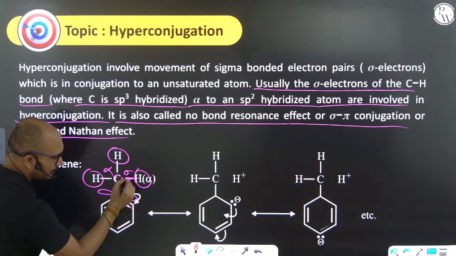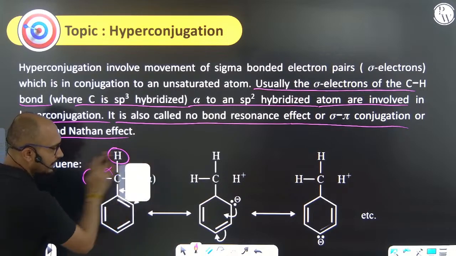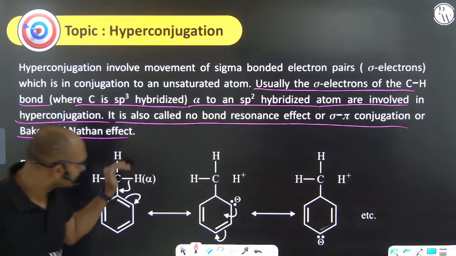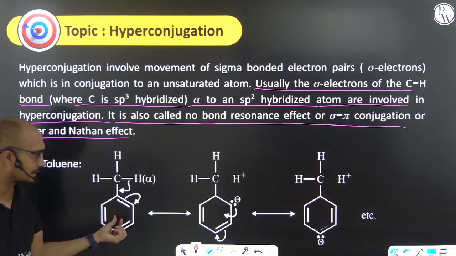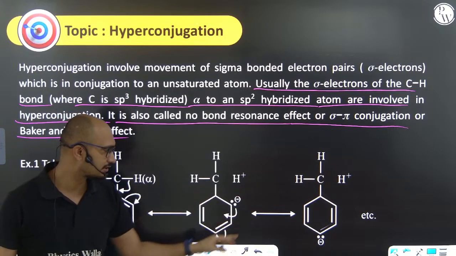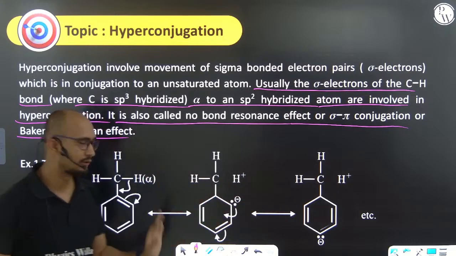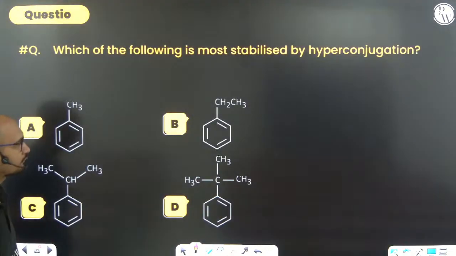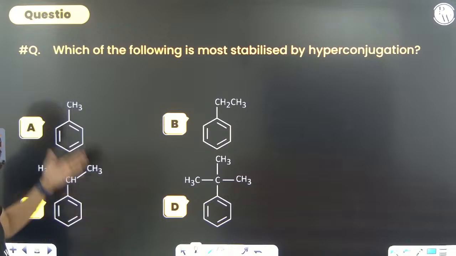Once overlapping starts, some of the electron density will be given inside, and the electrons will be going there. Just like resonance, hyperconjugation will also work similarly. There are a few things you have to keep in mind. With those, better we just go with the question.